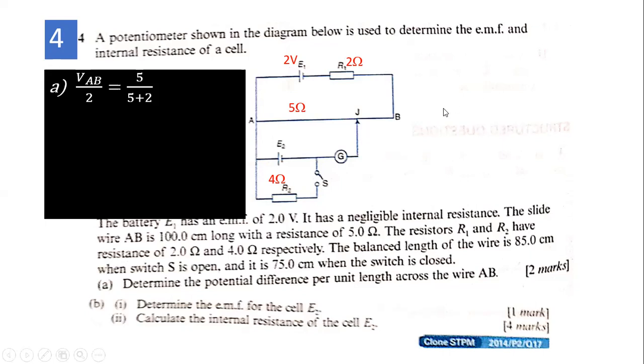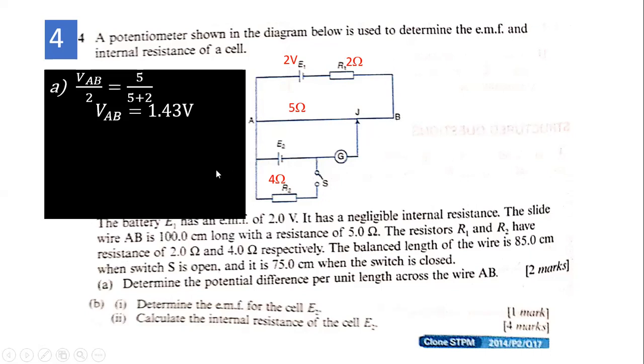Same thing as I said, potential. First, find the potential difference across VAB. Right? So VAB is that 5 there over these 2 added together, times the 2 volt, and you can find your 1.43 across VAB.